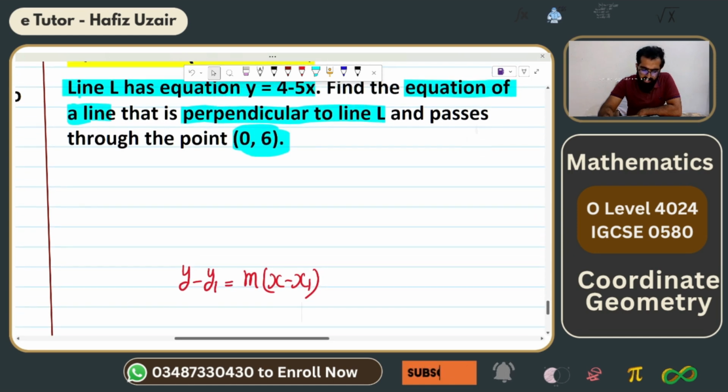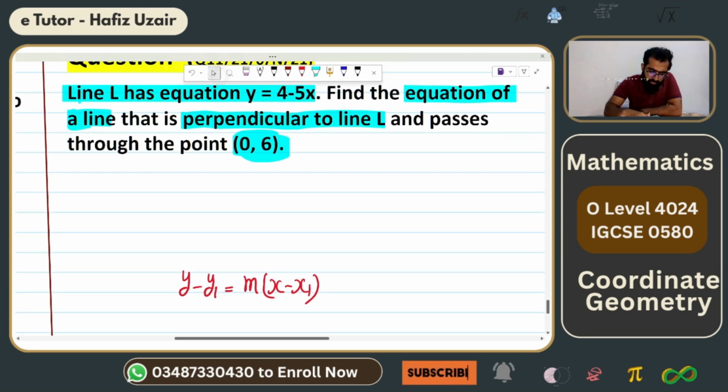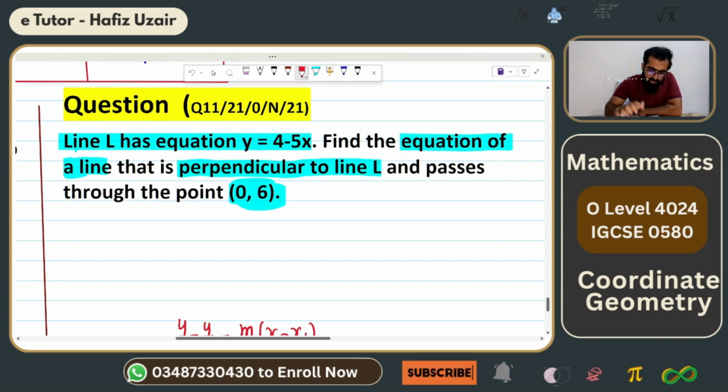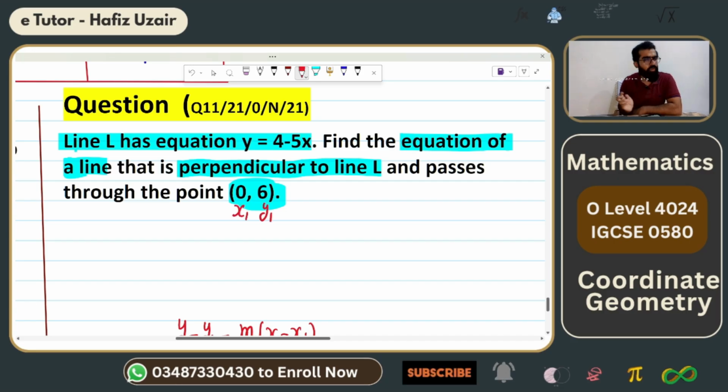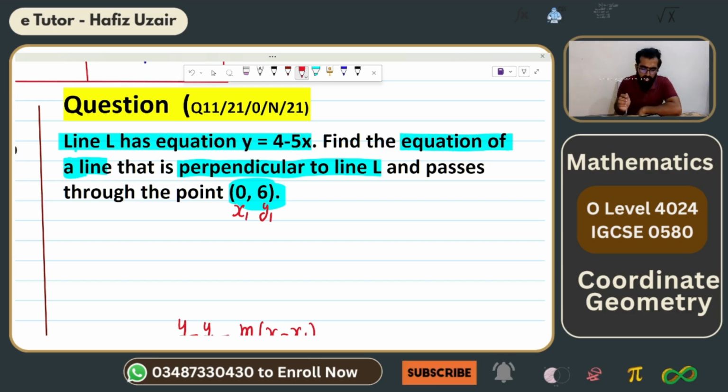Okay, we are given the point through which the line passes, so we can write the coordinates as x1, y1. I told you x1, y1 are the coordinates of the point through which the line passes. Now how do we find the gradient? Here you are given the equation of the line, y equals 4 minus 5x.